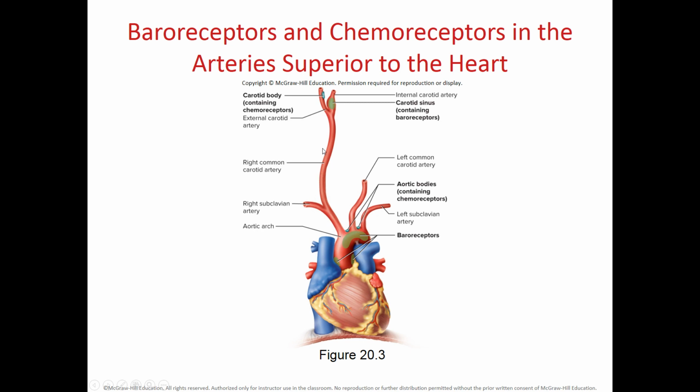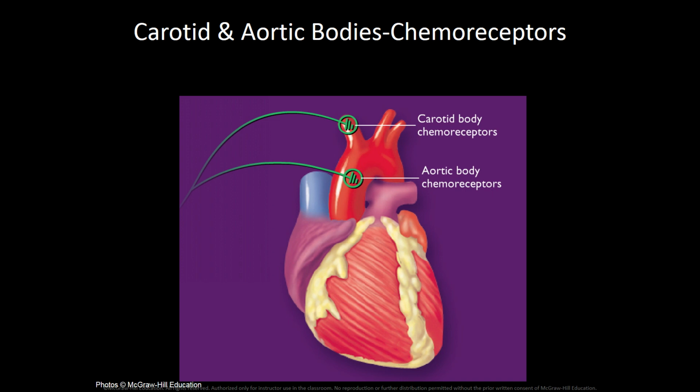And then if you go up following this artery, which is the right common carotid, you will reach here this carotid sinus, which is located within this artery that is known as the internal carotid artery, that helps to detect changes in the blood pressure. And then in here we have the carotid body, which has chemoreceptors, and these chemoreceptors again detect changes in pH, levels of CO2, and levels of oxygen.